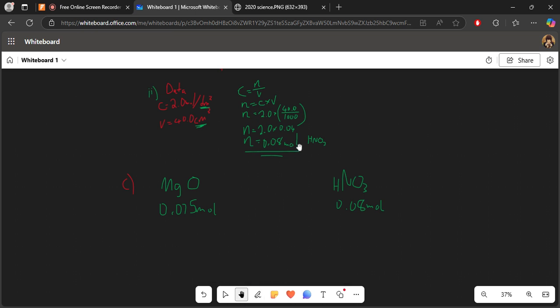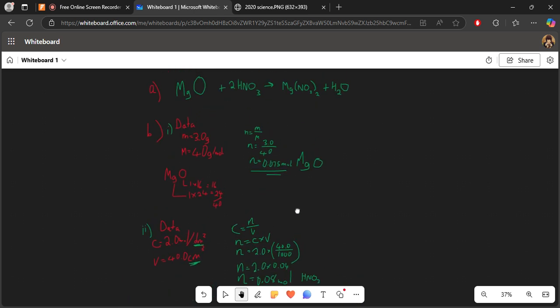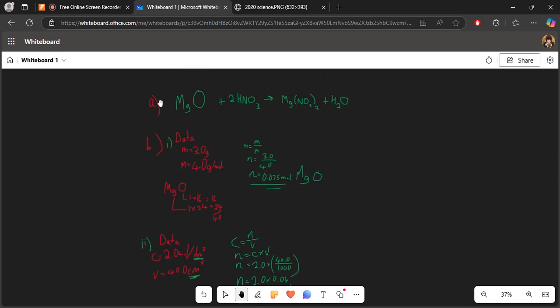Well, you may be right, but there's no guarantee. The only way you can be sure is when we compare our stoichiometric coefficients, which are these numbers here. There's no number here, that means there's a 1 magnesium oxide. Here I have a 2, here I have a 1, and here we have a 1. So go and compare the stoichiometric coefficients for all reactants.